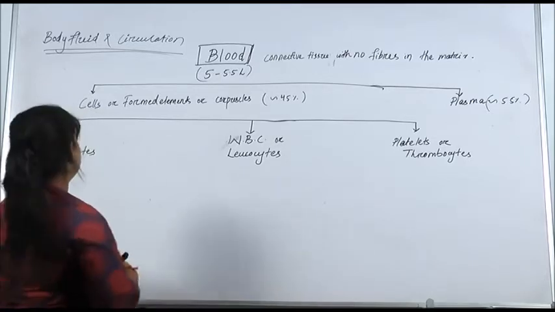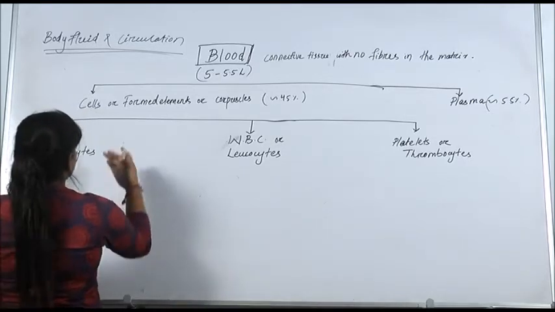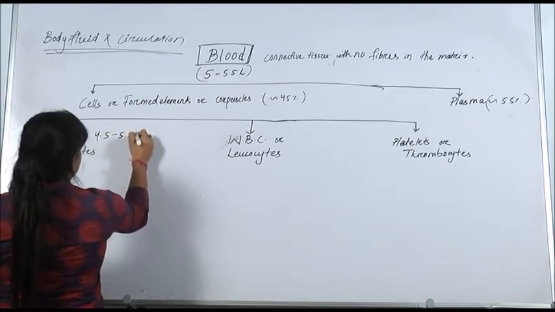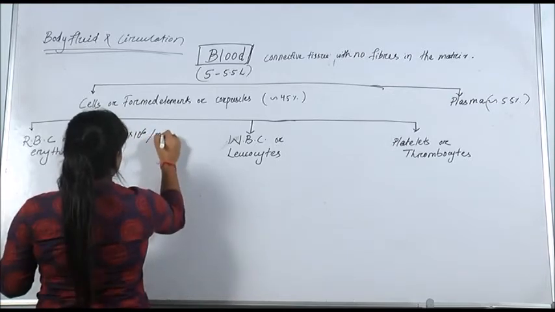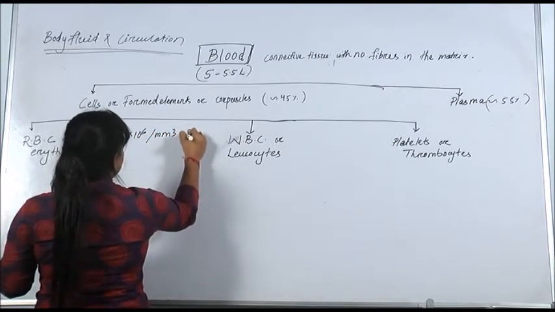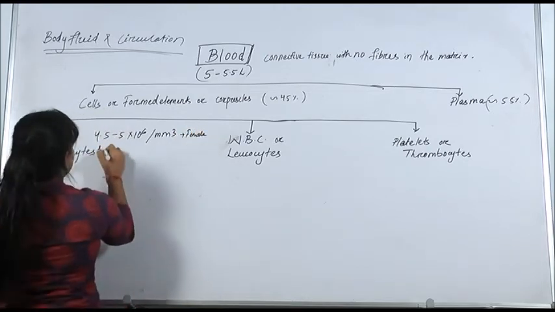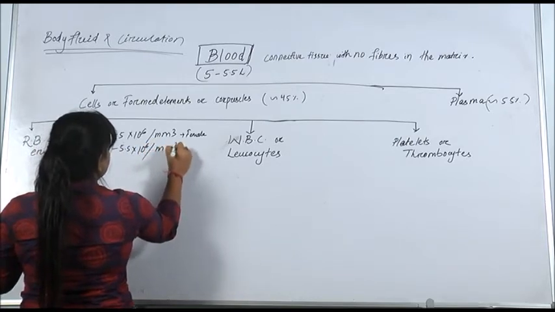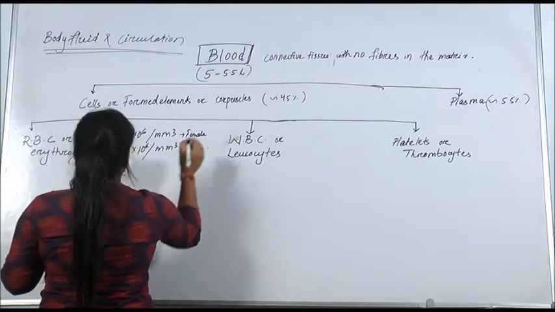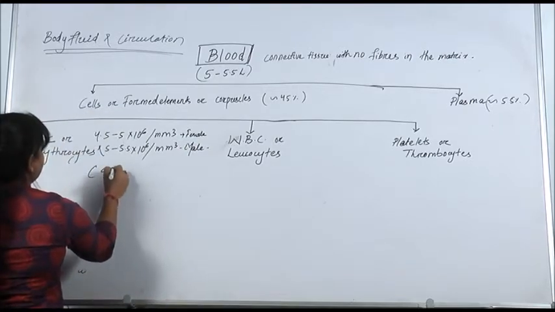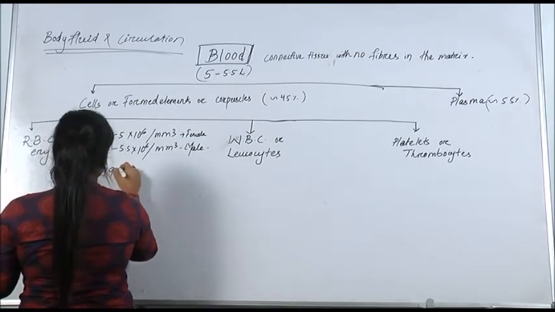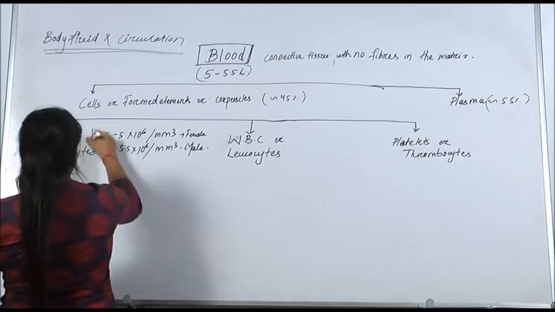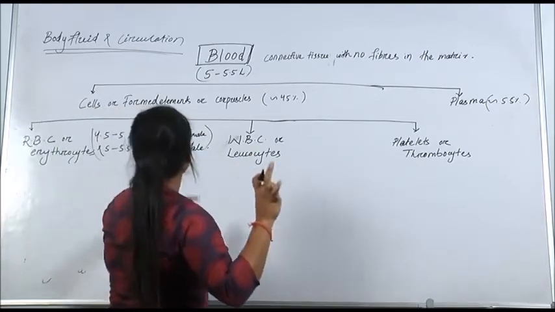RBC is the major kind of blood cells which account for 4.5 to 5 million per mm cube of blood in case of female, and 5 to 5.5 million per mm cube of blood in case of male, which is around 99% of the blood cells.